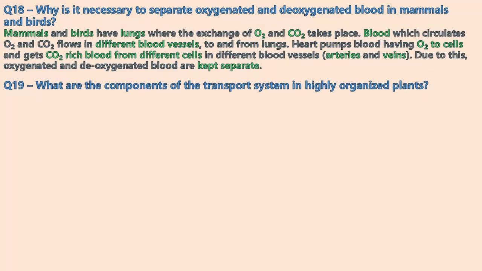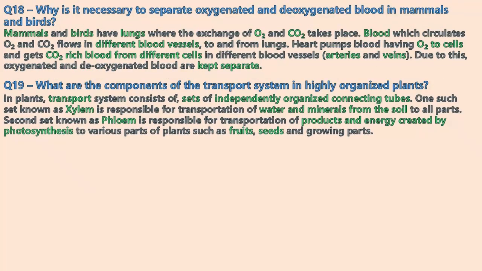What are the components of the transport system in highly organized plants? In plants, the transport system consists of independently organized connecting tubes. One such set is known as xylem, which is responsible for transportation of water and minerals from the soil to all parts of the plant.